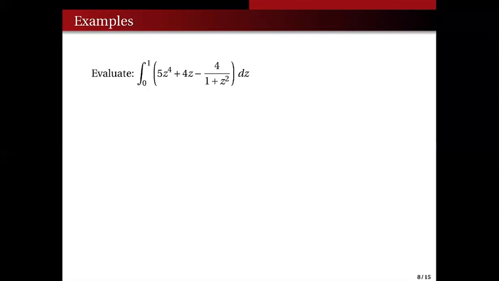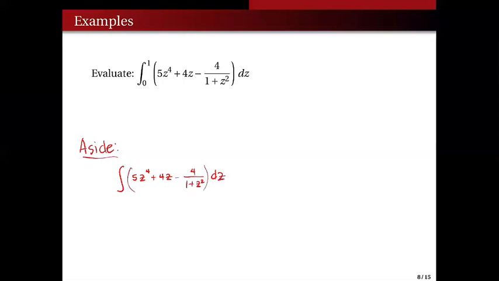So at this point of the lecture, I'll be writing this. So I'll do the scratch part. You start with the indefinite integral of 5z to the 4 plus 4z minus 4 over 1 plus z squared dz.